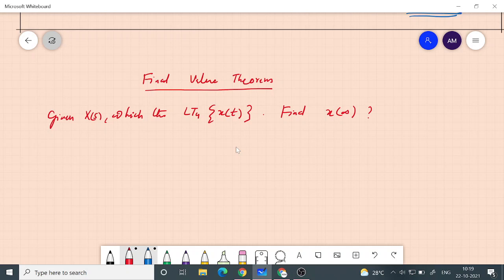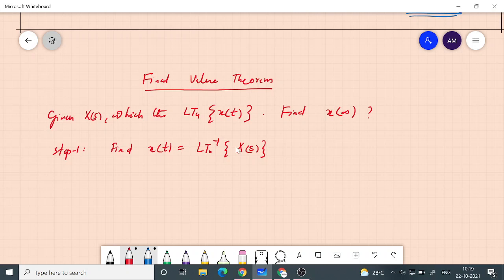Again we can do this in two steps as before, in a straightforward method. If somehow you forgot about the final value theorem, then also you can do this. Step 1: find x of t, which is the inverse Laplace transform of x of s. X of s is what is given, so you find the inverse.